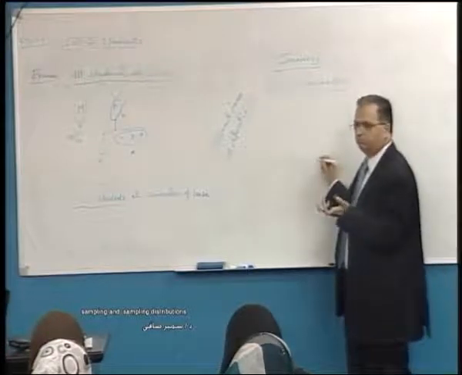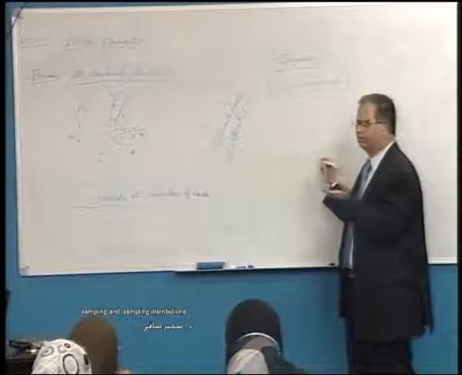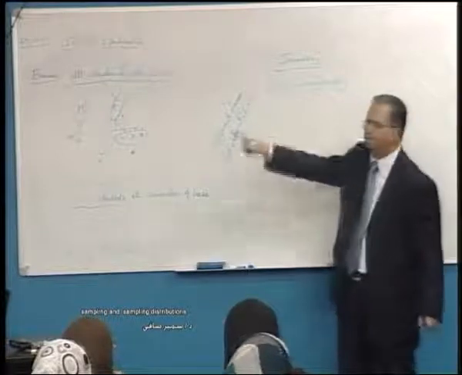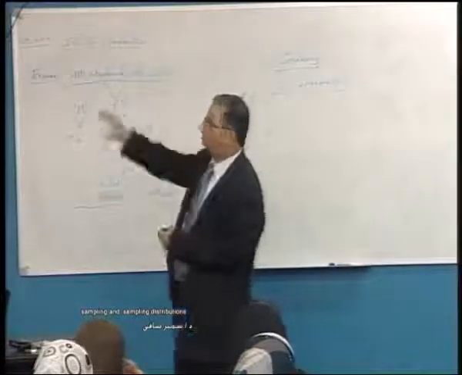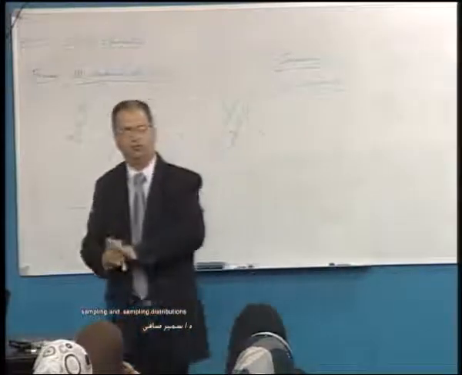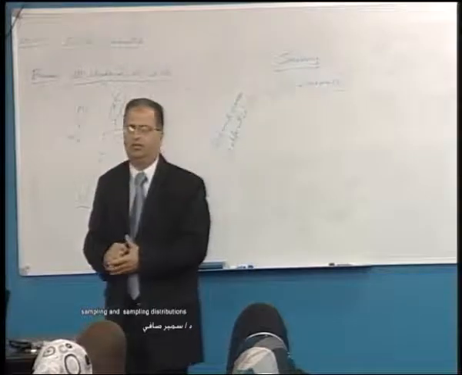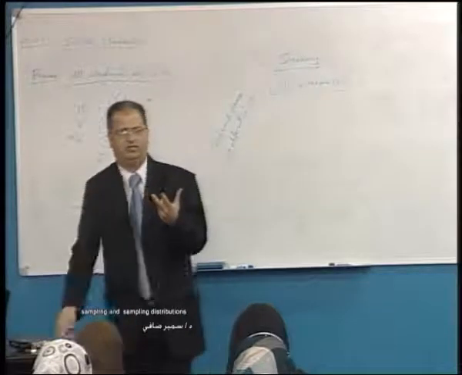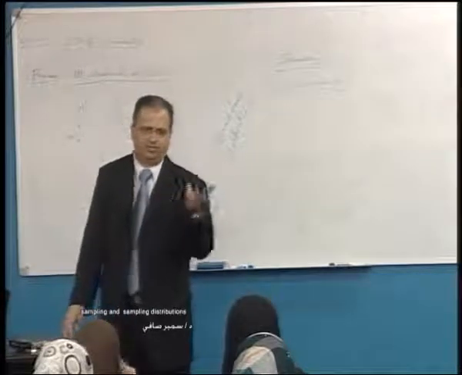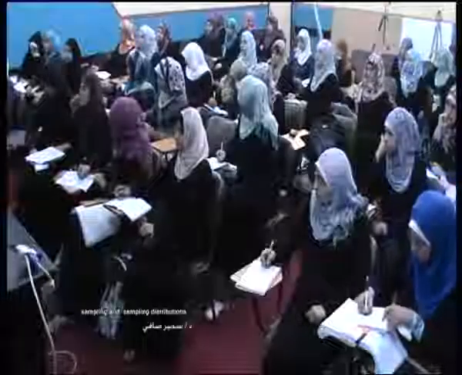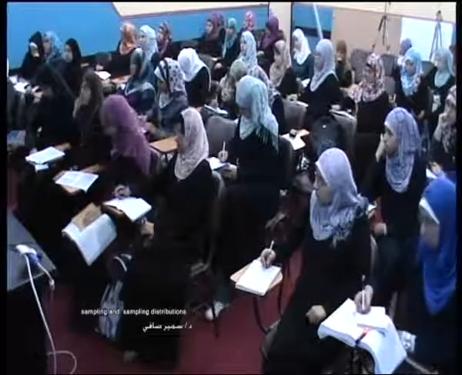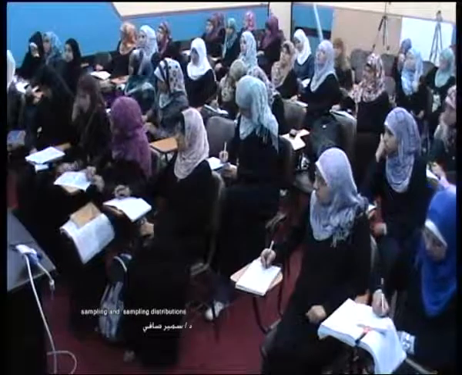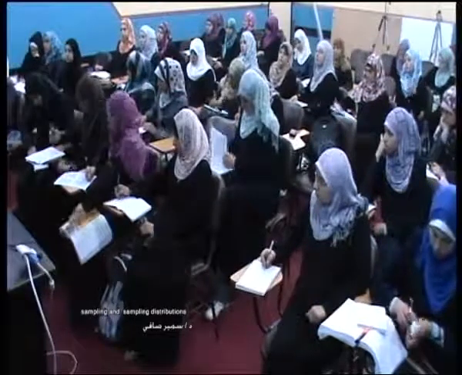For this reason, you will get different conclusions, conclusions with different results. Do you know the meaning of conclusion? Certain inferences. So now the sampling frame is a listing of items that make up the entire population.